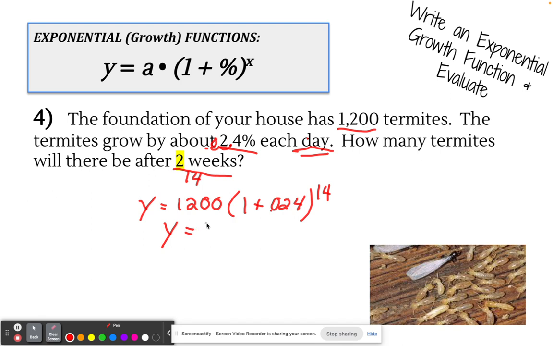We take 1,200 times 1.024 to the 14th power. Well, it's not as bad as I was afraid, but after 2 weeks, I have 1,672.56-ish termites. I would probably round it to 1,673. Still way more termites than I would want.